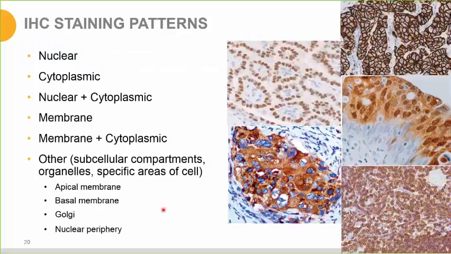Some of the common immunohistochemistry staining patterns are shown and listed here, including nuclear, cytoplasmic, nuclear and cytoplasmic, membrane and cytoplasmic, and even other subcellular compartmental staining, typical membrane staining, for example, and on down the line, indicative of expression of proteins in specific organelles, for example.